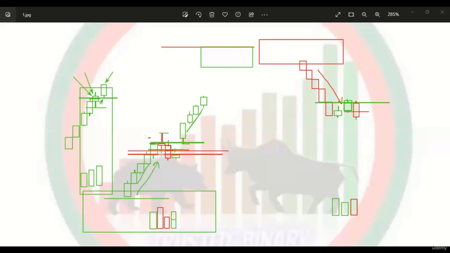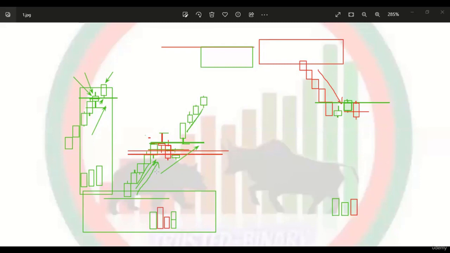Here, if we can take both side confirmation, this 1, 2, 3 and that 1, 2, 3, this is a strong situation, a strong strategy.